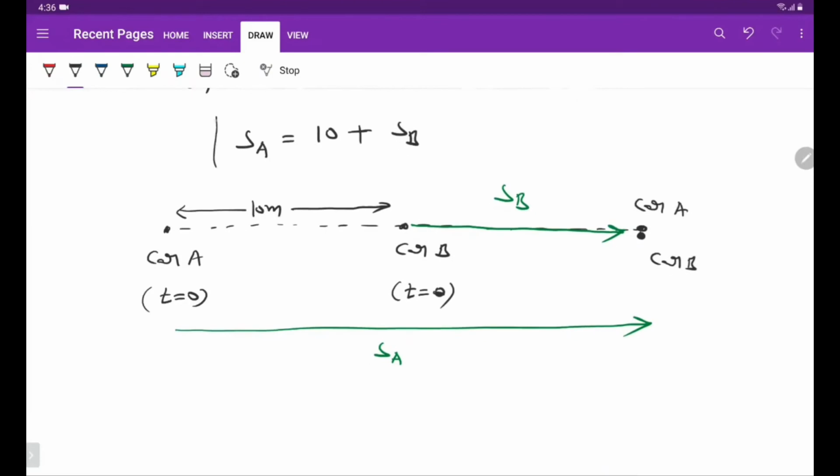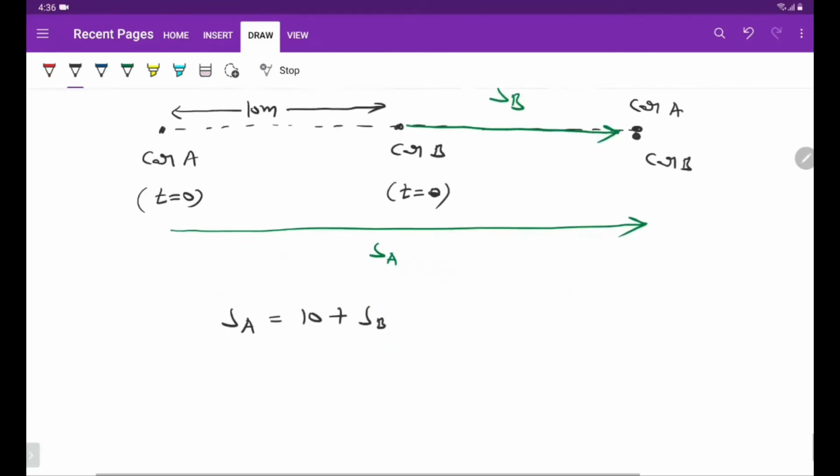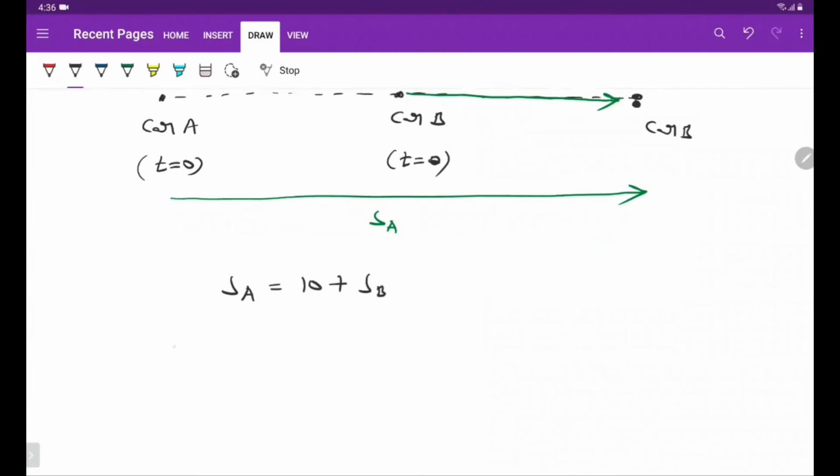Using this relation, car A has acceleration, so we use the formula S is equal to ut plus half at square. In this equation I substitute: ut plus half at square is equal to 10 plus car B. For car B also I can use the same formula, ut plus half at square.